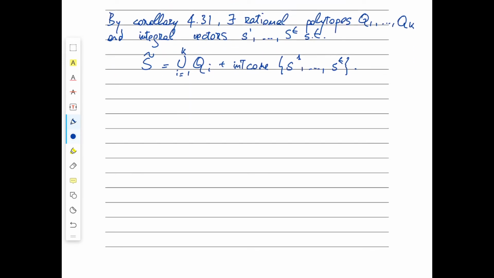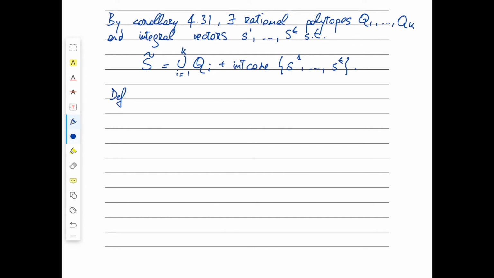So at this point, we're interested though in the set S instead of S tilde. So what we have to do is project S tilde onto the original X space. So we're going to project separately all the Qi's and all the vectors in the integer cone.